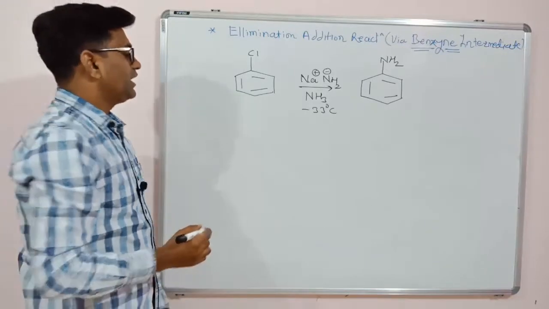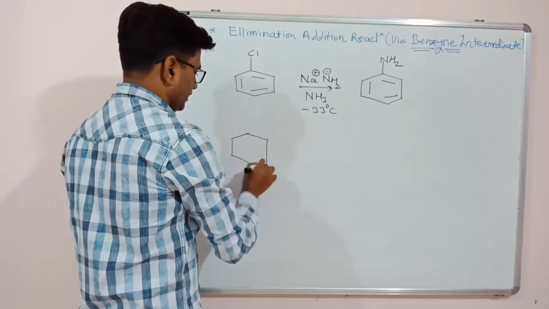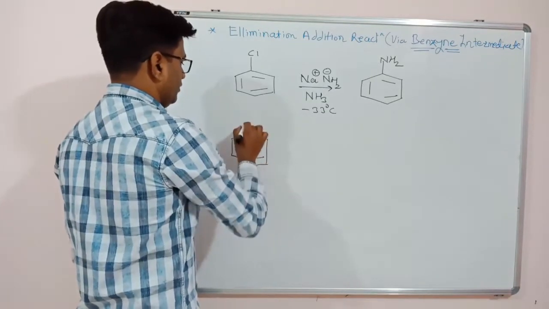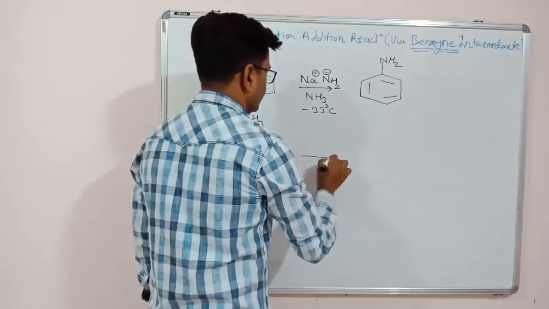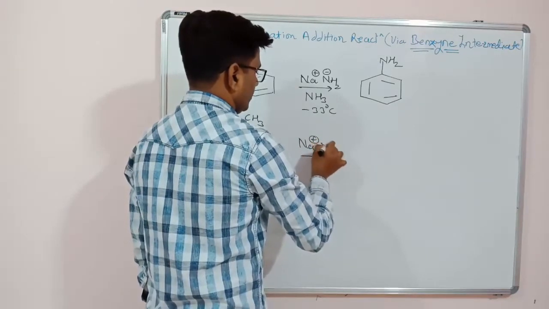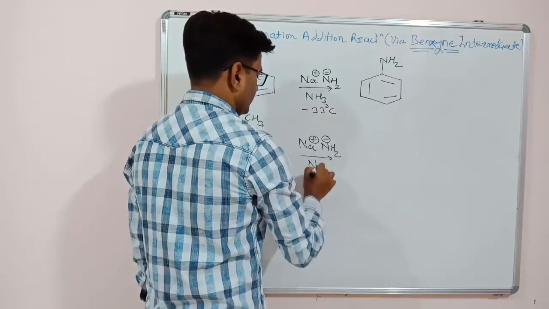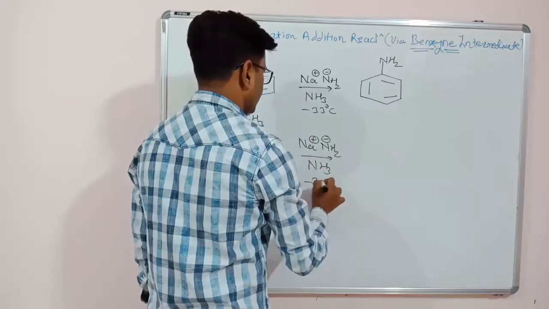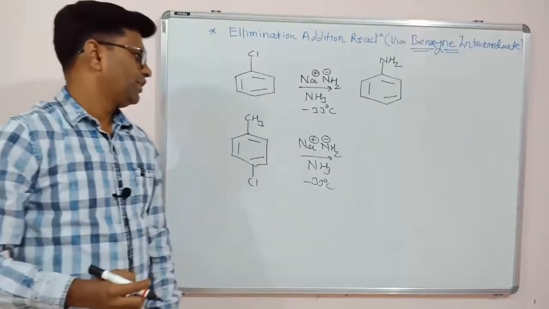If the same reaction is carried out with parachlorotoluene, using the same reagent, sodamide, Na+ NH2- with NH3 as a solvent, at around minus 30 degrees Celsius, what will happen?